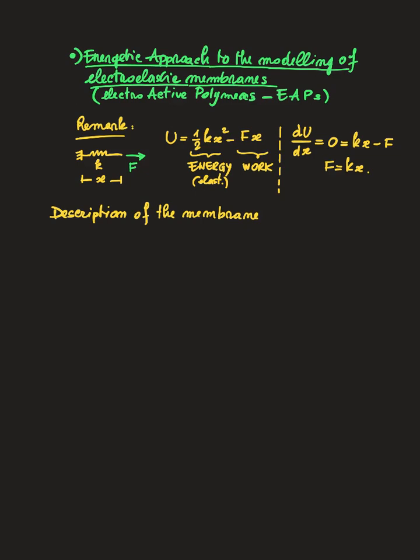This is a flat membrane, and we could assume that it is a square, for example, with equal edges, and we could assume that this edge has a length L, and this has a length L. And also I will assume that this reference configuration has a thickness H, okay? So this is my reference configuration.